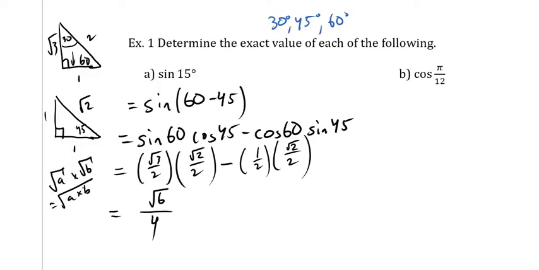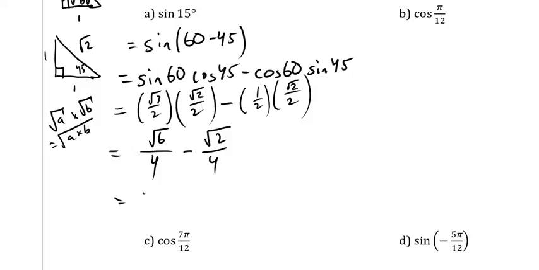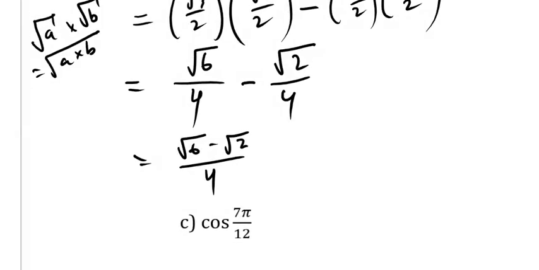You could look at exponent laws to remember that that's true. That's something you should have seen. Minus root 2 over 4, which is the square root of 6 minus the square root of 2 over 4, and that's done. That's what that would look like in the end, as far as you can go.